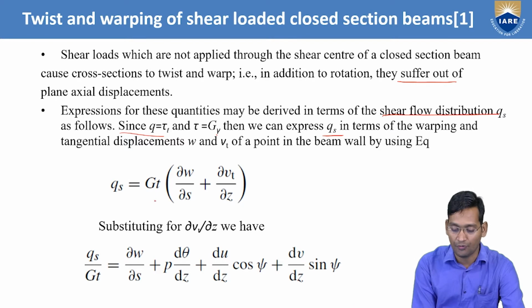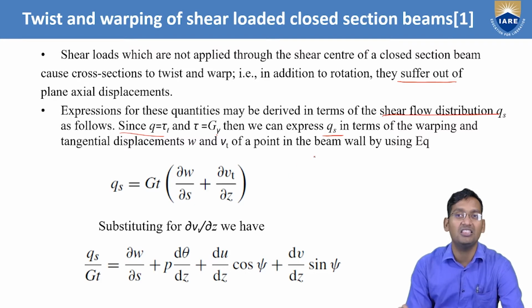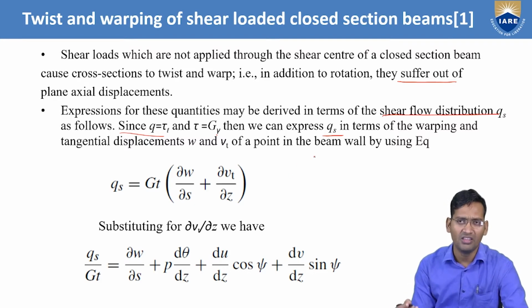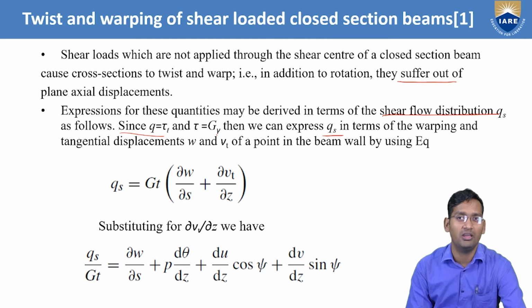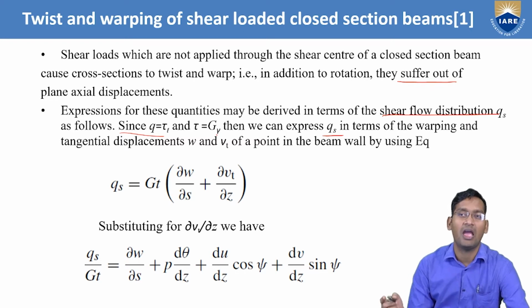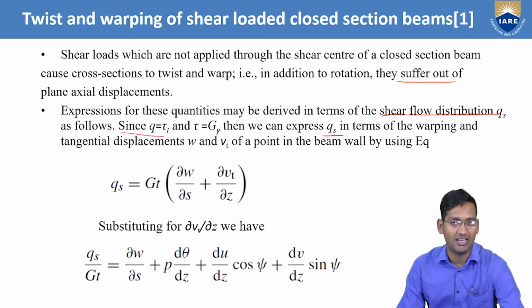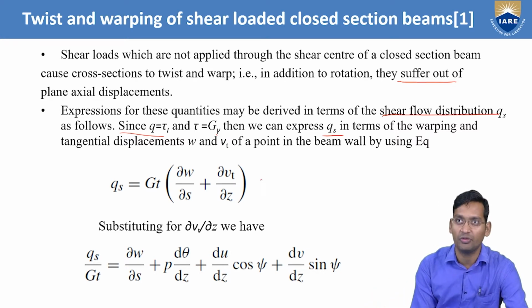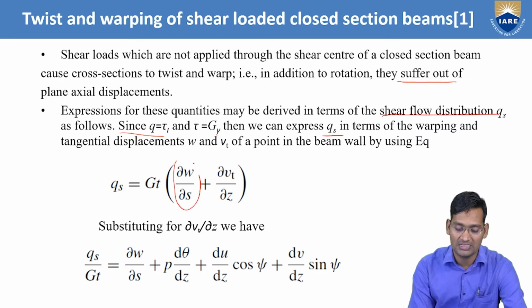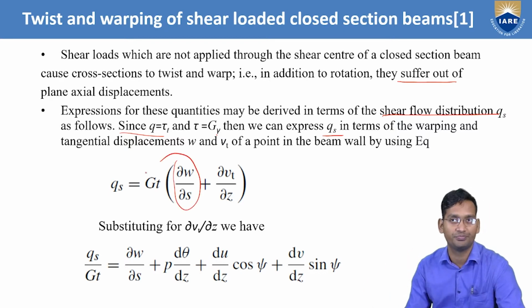We have already seen this type of equation: del w by del s for the closed one, plus p d theta by dz, and then du by dz cos psi and dv by dz sin psi. But that angle is not there and it's a closed one, so this term will be there.